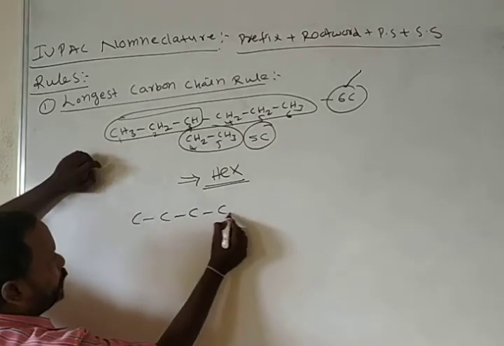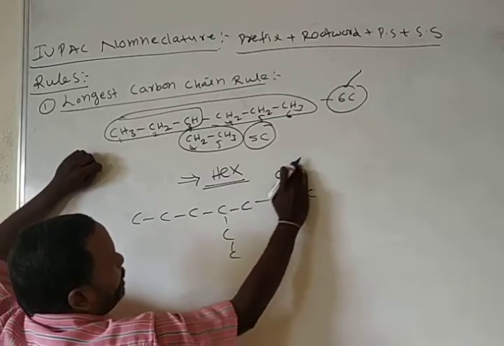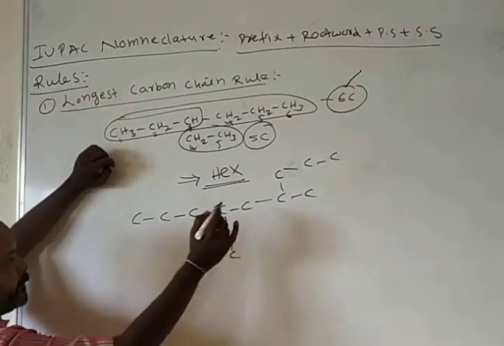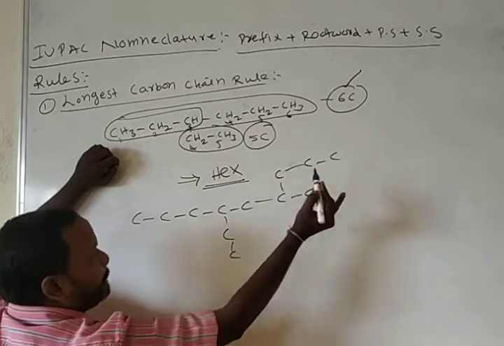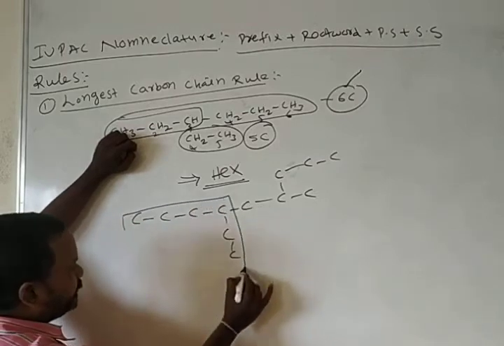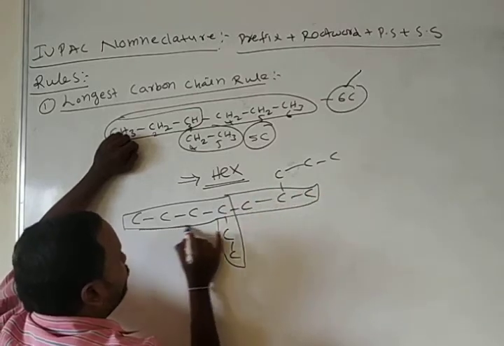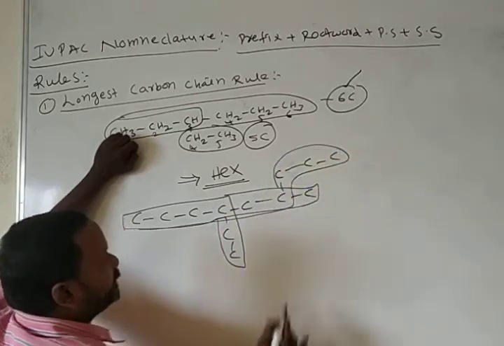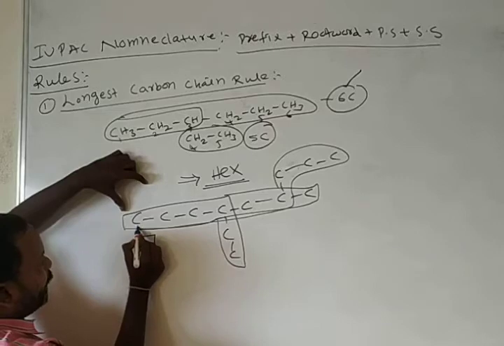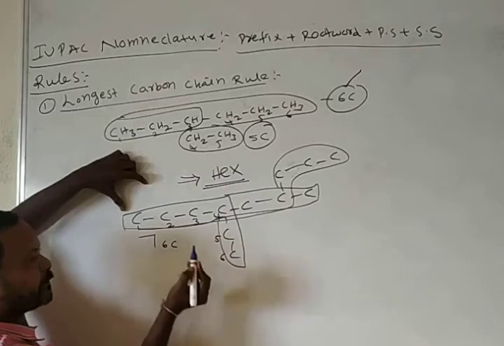Here I am taking one more example. This is one organic molecule with different chains. This is one chain, this is one more chain, and this is one more chain. It contains 3 chains. For this one we have 1, 2, 3, 4, 5, 6, so 6 carbon atoms.